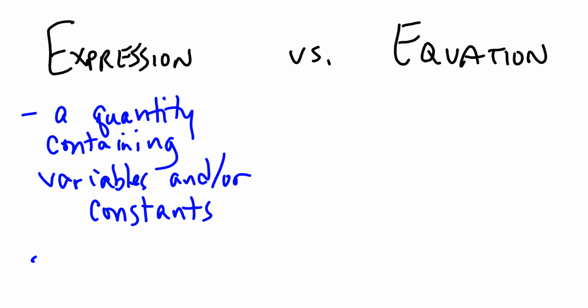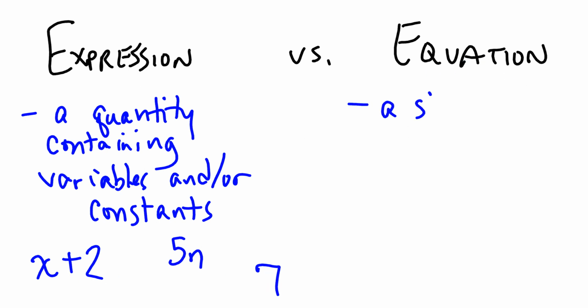These are things like x plus 2 or 5n or 7. They are quantities, they contain variables, and maybe constants. What's important here: there's no equal sign. So none of these are solvable the way equations are solvable.